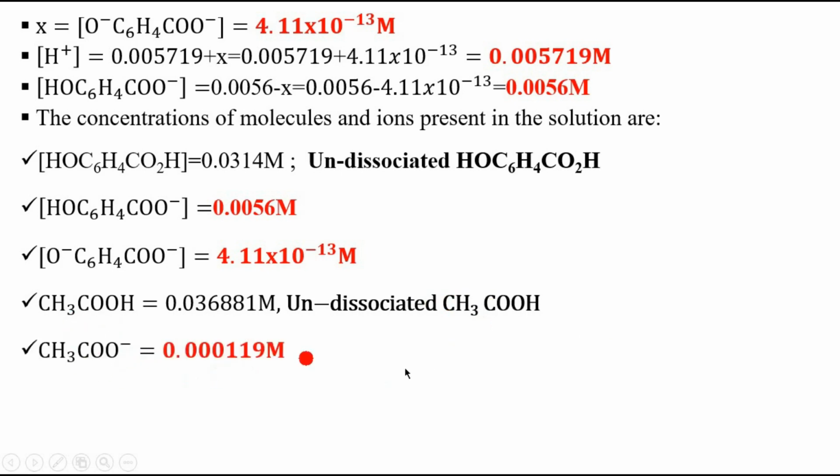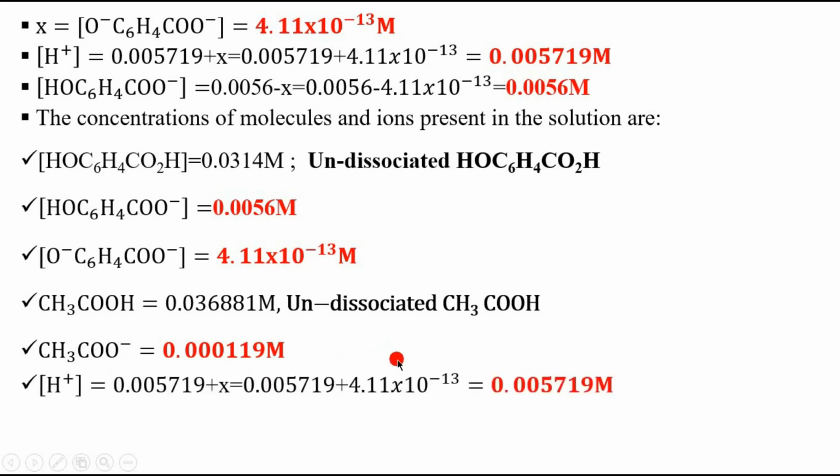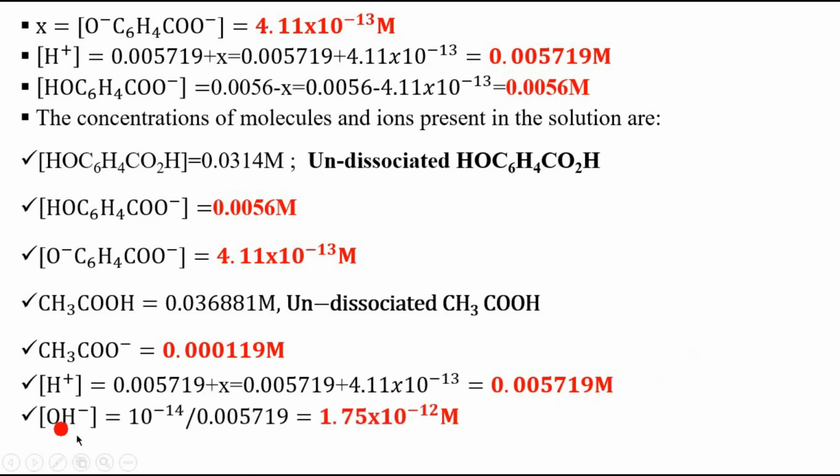And at the end, we'll be having the total H plus from the first dissociation of the carboxylic acid of salicylic acid. We'll also have the H plus from the acetic acid, and also H plus from hydroxide. Then you get the total H plus, which is equal to this one. We can also include the hydroxide, which will be equal to 10 power negative 14 divided by the H plus, and then you get 7.75 times 10 power negative 12 molar.